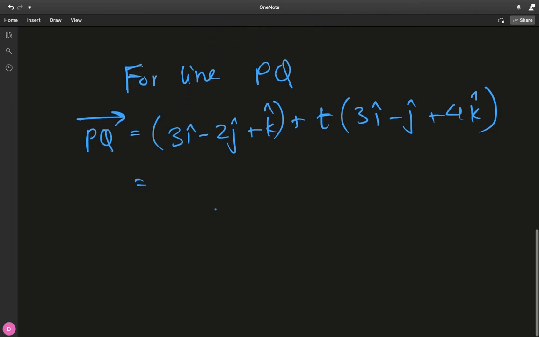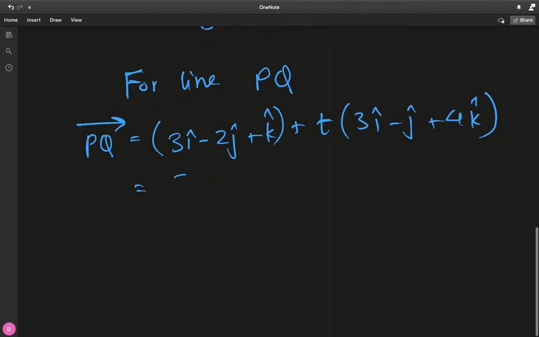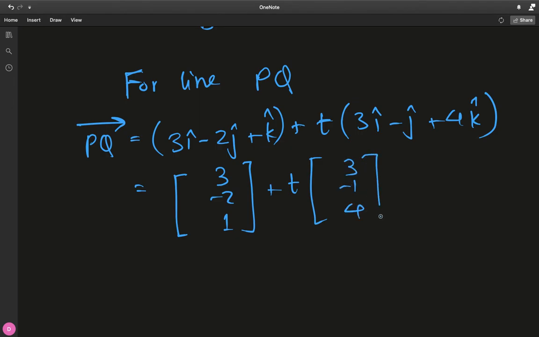And I would actually want to represent this using column matrices. So 3, negative 2, 1 plus t times 3, negative 1, 4 will actually give you 3 plus 3t, negative 2 minus t, 1 plus 4t. I'm just using these column matrices instead of vectors, just for convenience.